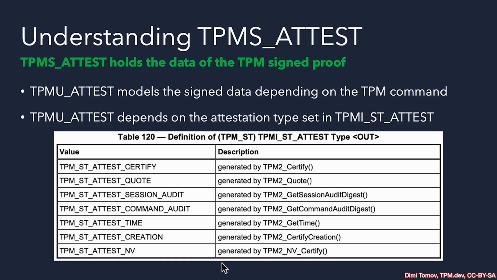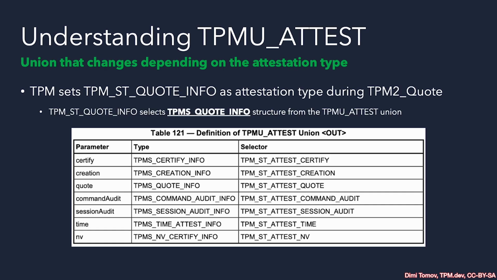Based on the attestation performed, we have different unions here that we'll use to decode the attested structure. This is why I said it will look a bit like Inception. Taking a closer look at the type for TPM2 quote, which is TPM_ST_QUOTE, we find ourselves with a TPMS_QUOTE_INFO structure.